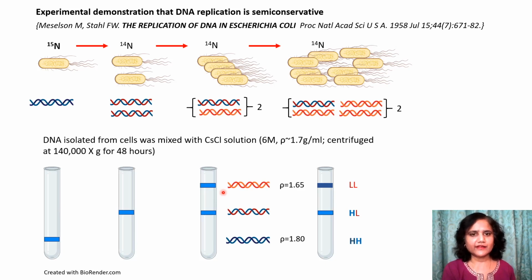So these results certainly ruled out both the dispersive as well as the conservative model. As I already explained, in case of the conservative model, after one generation, you would get heavy and light, and you would not get the intermediate one. And that was, of course, not observed. So these results were consistent with a semi-conservative mode of DNA replication.